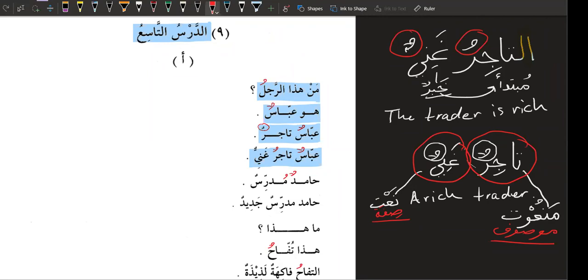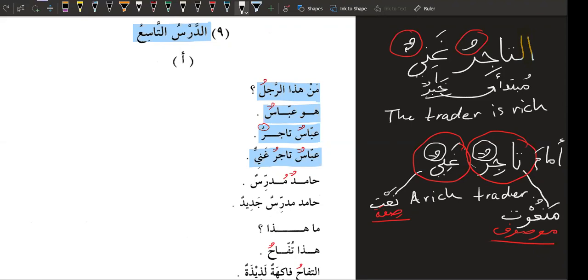So if this one doesn't have alif and lam, tajir, then ghaniyun won't have alif and lam. If tajir has two dhammas, then ghaniyun has to have two dhammas. If we put a preposition before it, for example amama, which means in front of, then amama makes the word that comes after it take a kasra.